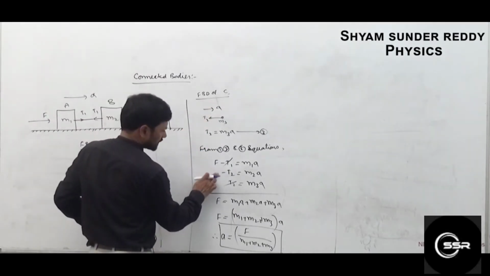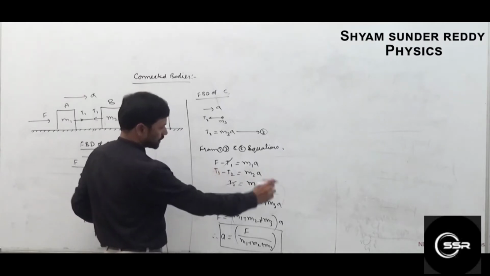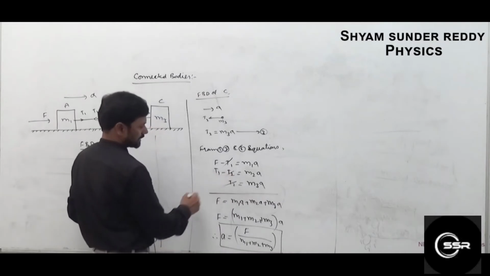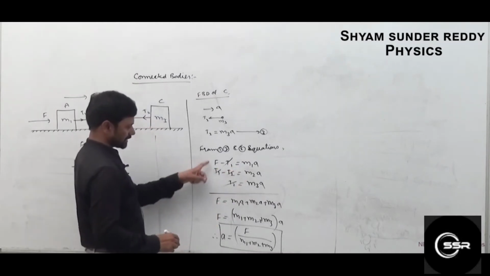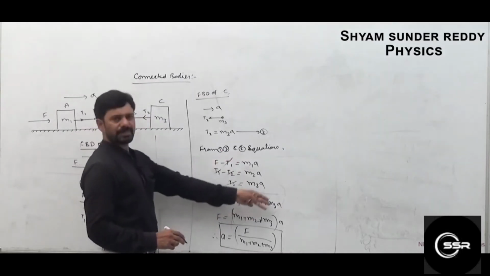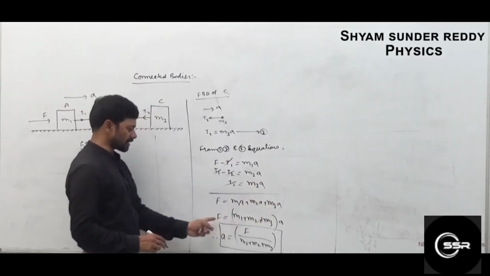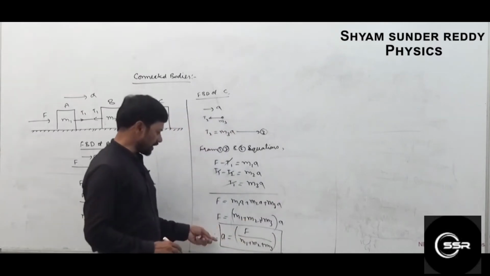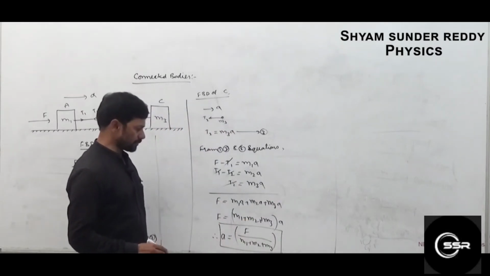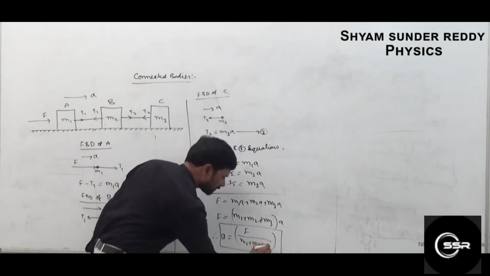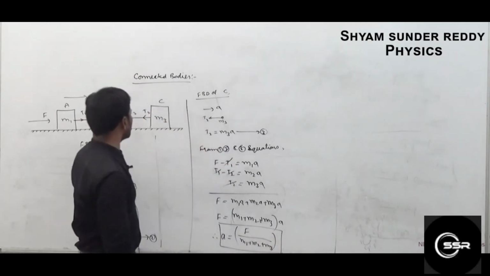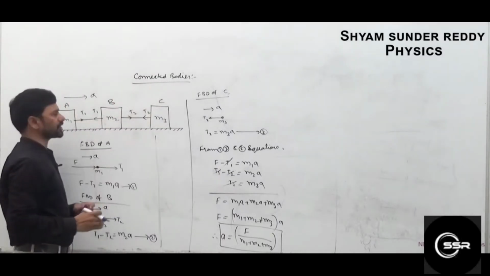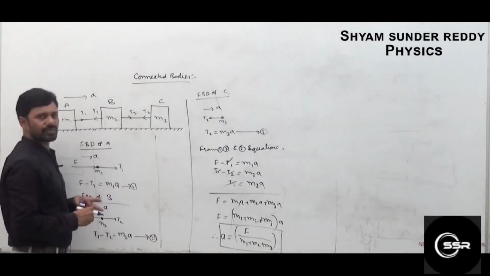T2 gets cancelled. Then F is equal to M1A plus M2A plus M3A. A is common, so F is equal to M1 plus M2 plus M3 into A. Therefore, A is equal to F by M1 plus M2 plus M3. This is the acceleration of the system when it is moving in the forward direction when we apply the force F with some velocity.